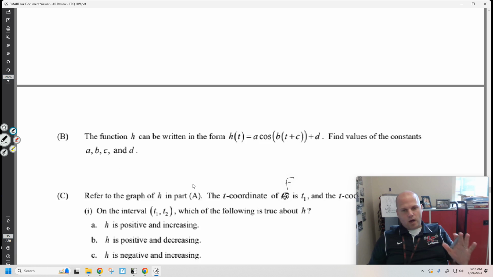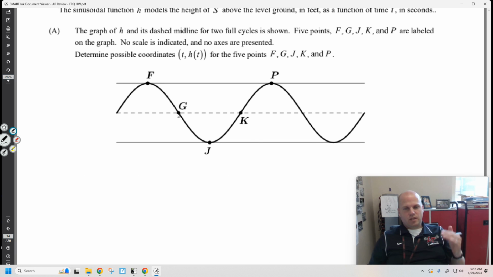You don't need to know about the y values. From F to G, the rates are negative and decreasing. We are decreasing, concave down. We are decreasing at a decreasing rate.